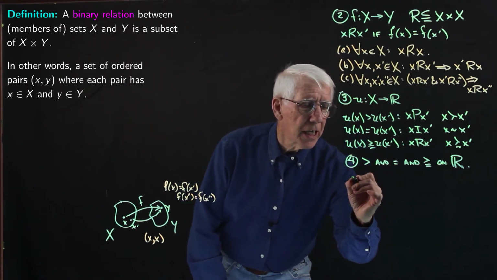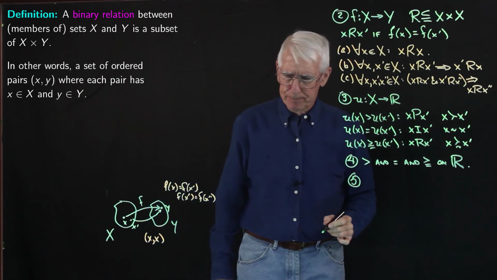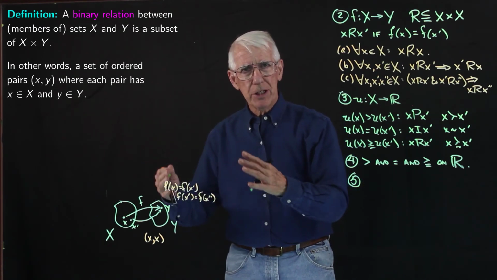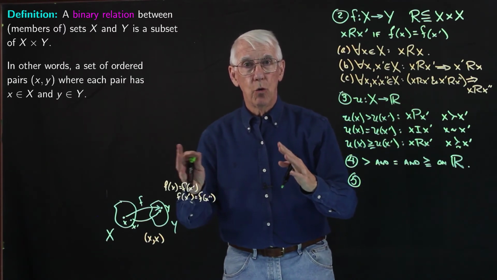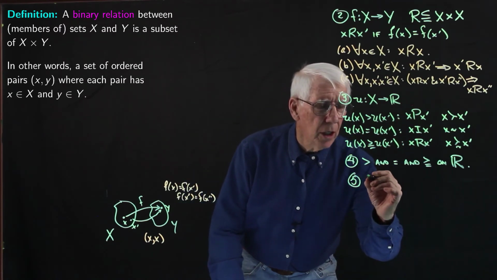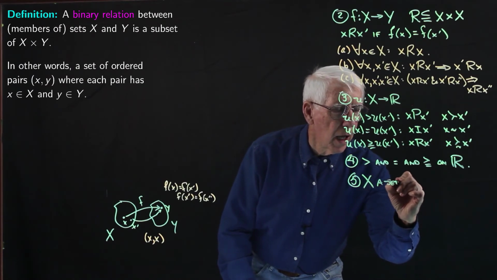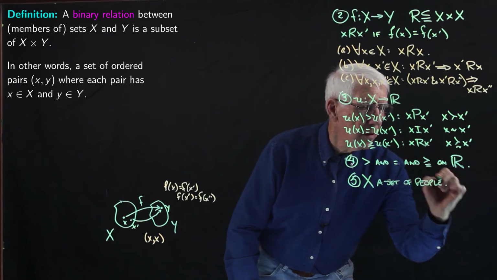And let's look at a fifth set of relations here. And then we'll go on to lay out several of the properties of relations and see how our examples fit with those properties. So here, I'm going to say X is a set of people, some set of people.